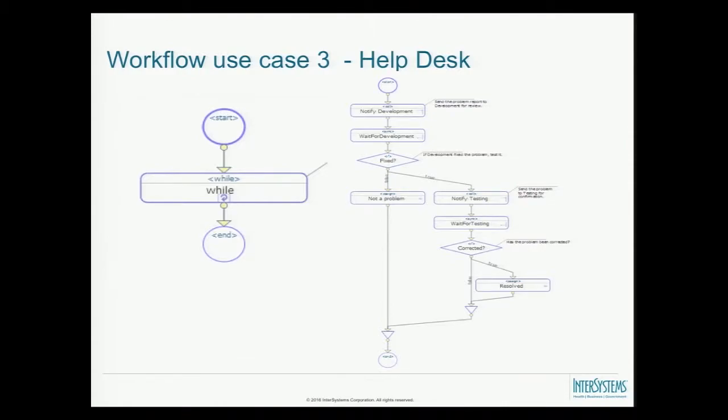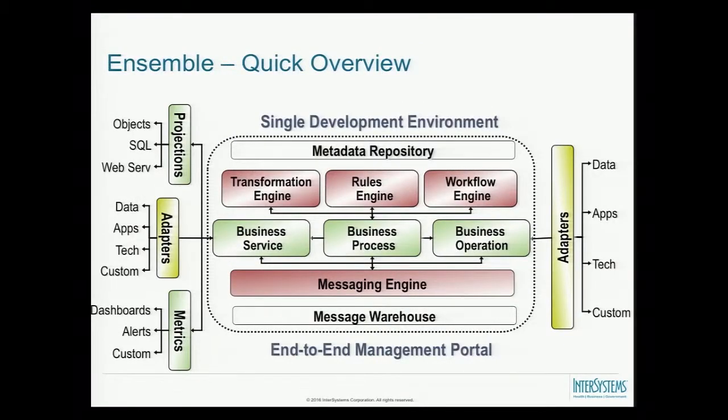Now let's look at Ensemble and try to understand how this all fits together. Ensemble, as many of you will know, is an integration engine which has more capabilities than purely integration. So we have business services that receive requests from the outside world. The business processes then are where we implement business process management.